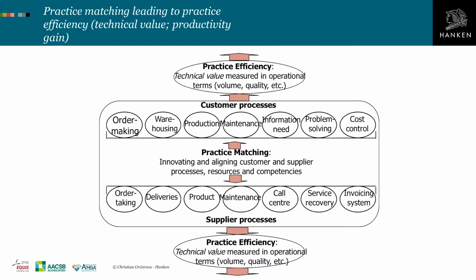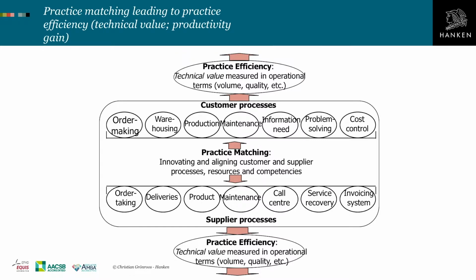Who does the matching? Well, both in the best case, but depending on the power structure and other issues, it may be the supplier who demands the customer to adapt, or it may be the customer who demands the supplier to adapt. But it's always a matter of adaptation. That's what you call practice matching.